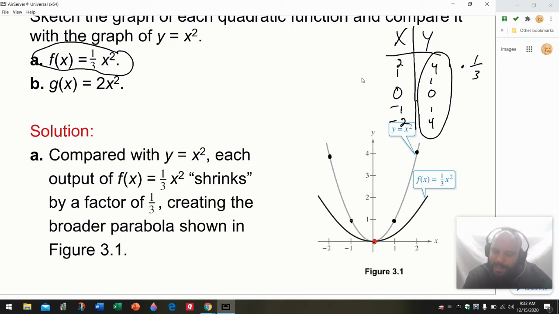But now instead of the next point being at 1, it's at 1 times 1/3, which is just 1/3. So it's only 1/3 of the way up to where it should be because it got smushed down by that 1/3. The same holds true for this number 4 up here. Normally it would be at 4, but it's at 1/3 of its height now, which is slightly over 1. So you can see what that 1/3 did. It smushed the graph down and made it wider.